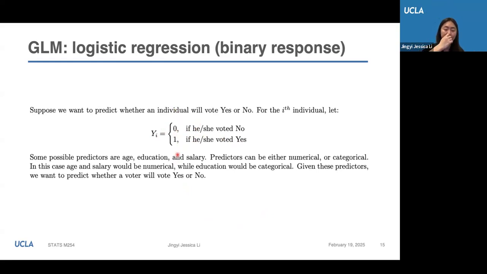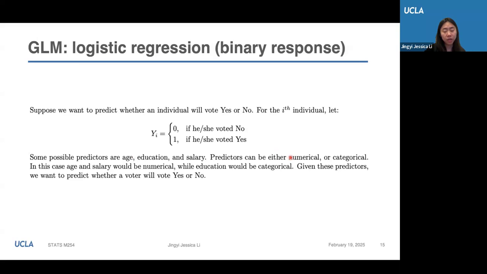But still, we want to see how each individual's predictors, covariates, or features can influence the voting decision. The predictors can include age, education, and salary. The predictors can be numerical or categorical.